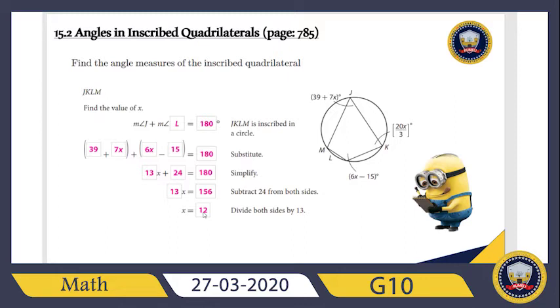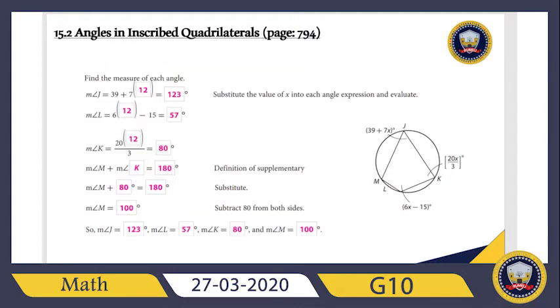Now we are not done yet. We found x, but the question is asking about the measures of these angles. So what we are going to do now is to substitute the value of x in each of these angles. We start with the measure of G. It's 39 plus 7 times x. Our x is 12, so mG is 123.